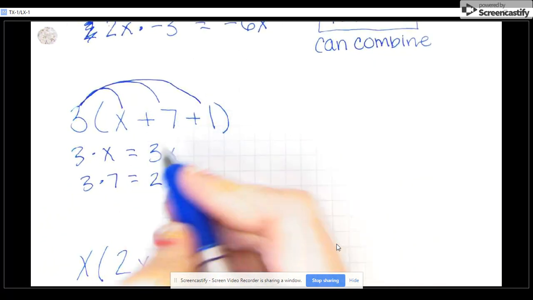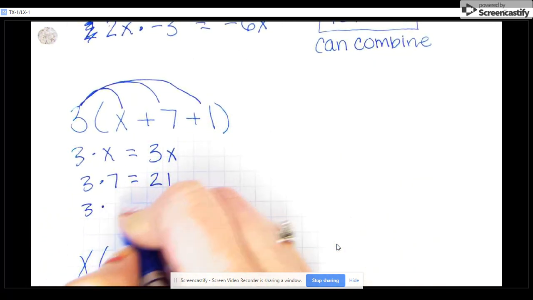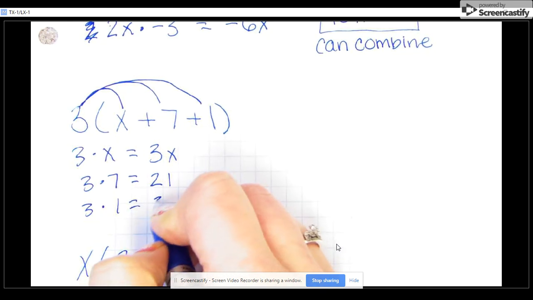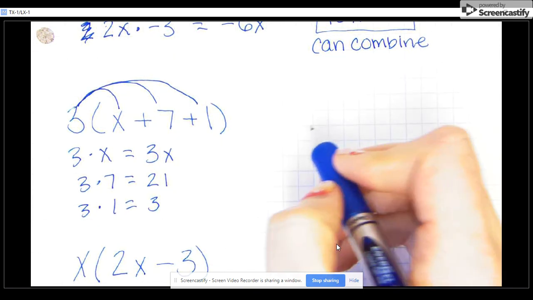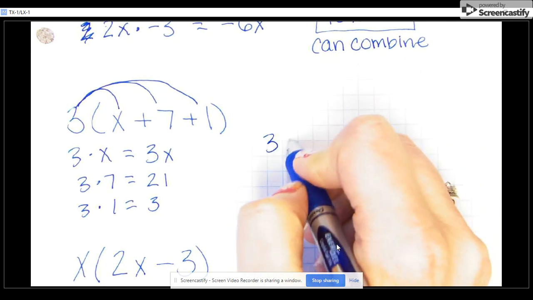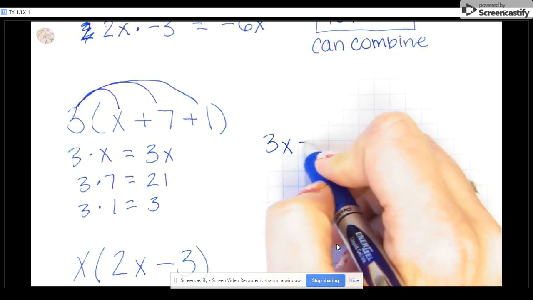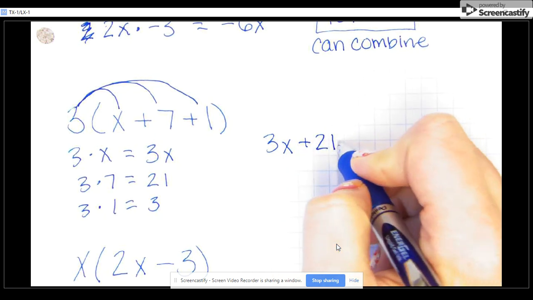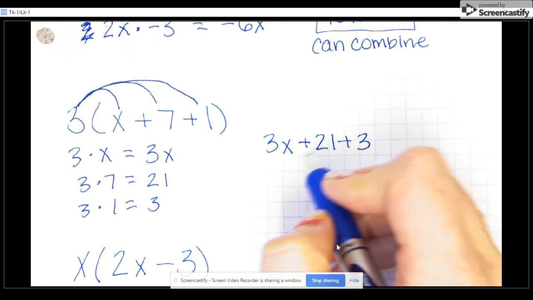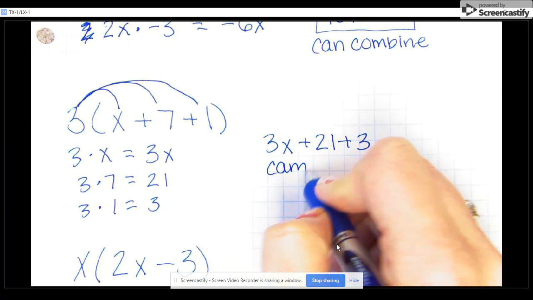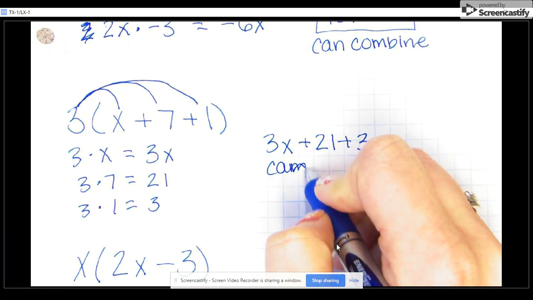And 3 times 1, which I know is 3. Now that I have that, I can combine them to get 3x plus 21 plus 3. So again, I can't combine, but we'll talk about that in just a minute.